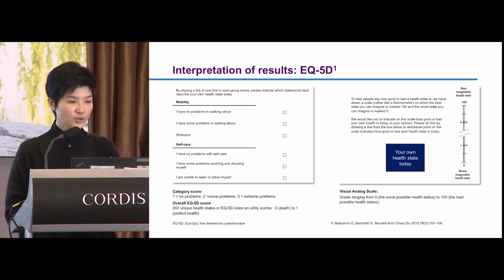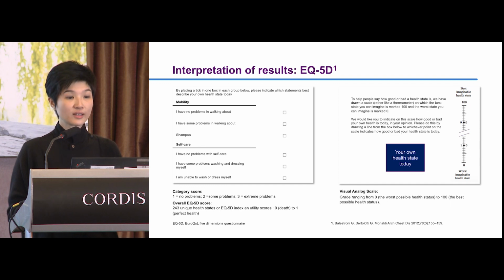In the end, by combining one level from each of these 5 dimensions, we give a score. That means 243 unique health states, or you can convert the score to an EQ-5D index and utility score, from 0 for death to 1 for perfect health.